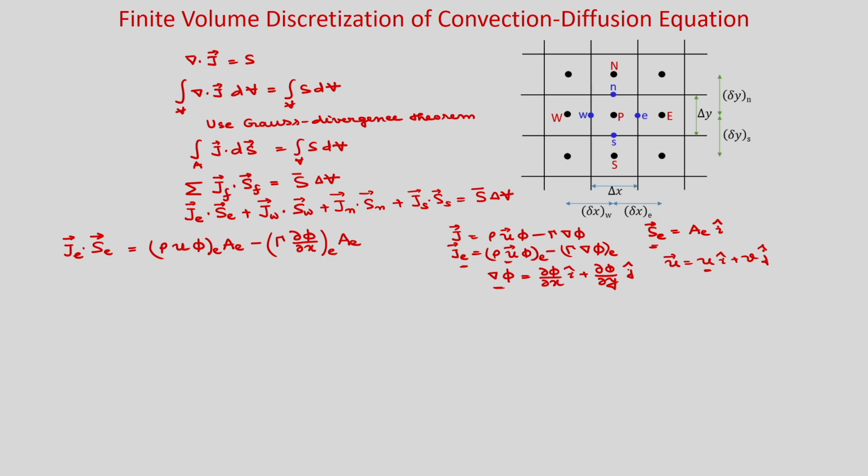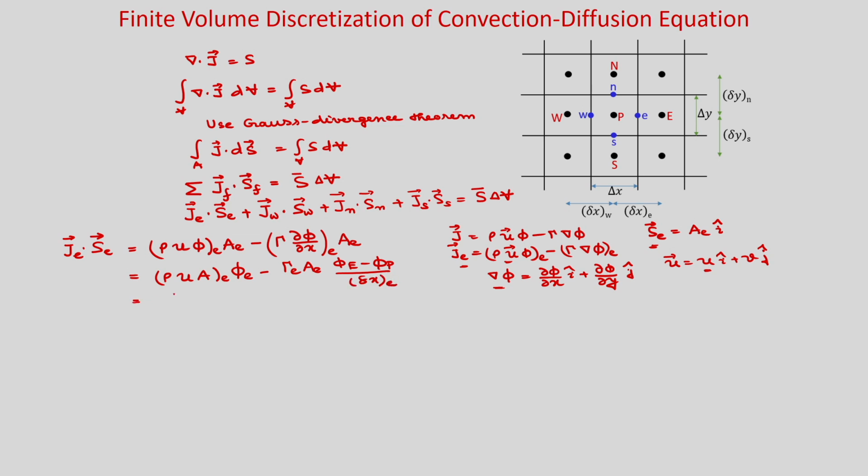Okay. So, now we can rearrange it. We can write rho u A at east face, and phi you are taking outside of this, minus, now you can see gamma_e A_e and del phi by del x at face center E. That we will use phi_E minus phi_P divided by the distance between these two cell centers.